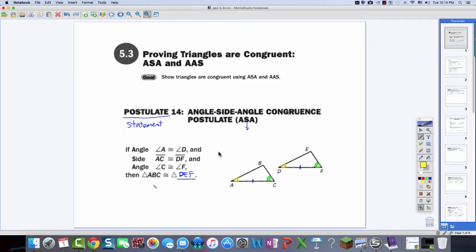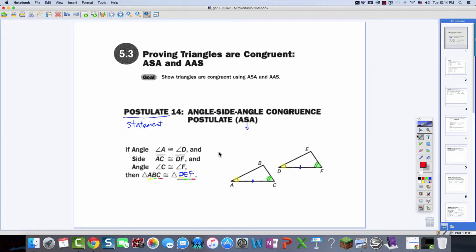Again, notice that A is matching D, angle B and angle E are matching, and then angle C and angle F match. So it has to be in that order, that yellow, green, red order.